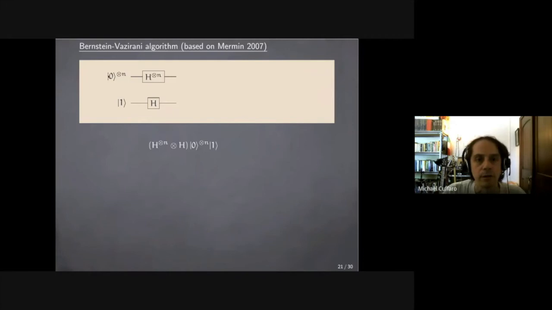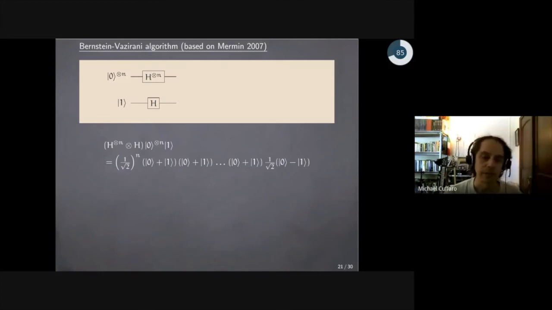We send these n qubits through an n-fold Hadamard gate, and we send the other qubit also through a Hadamard gate, but a separate one. This gives us, essentially, if you take every qubit, 0 goes to (0 plus 1) over root 2, 0 goes to (0 plus 1) over root 2, this big expression here.